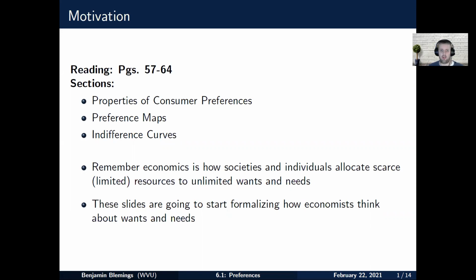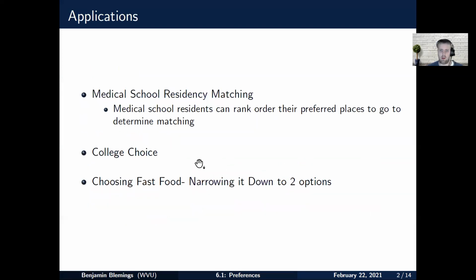For societies, you have all the tools you need, and so in week 6, our task is to really start formalizing how economists think about wants and needs and how that translates from consumption to doing the best for your own wants and needs. And so I'll start by talking about a couple applications of this.